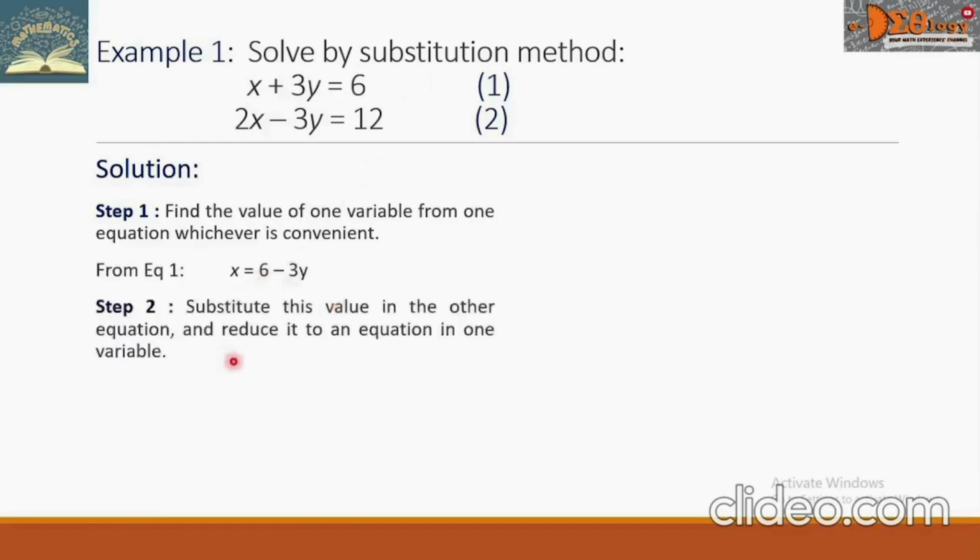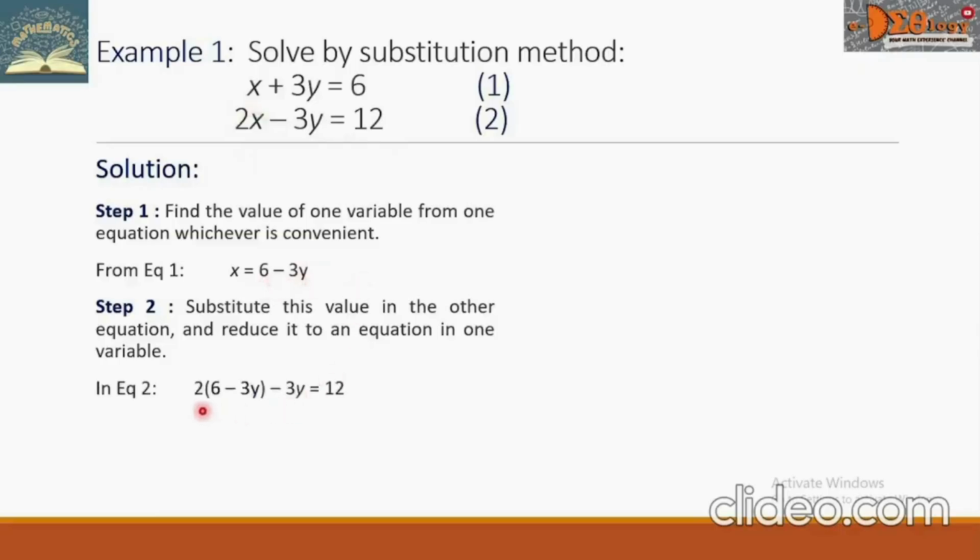Then step 2. Substitute this value of x in terms of y in the other equation, meaning in equation 2, and reduce it to an equation in one variable. Our equation 2 is 2x minus 3y equals 12. This x here we will change by 6 minus 3y.